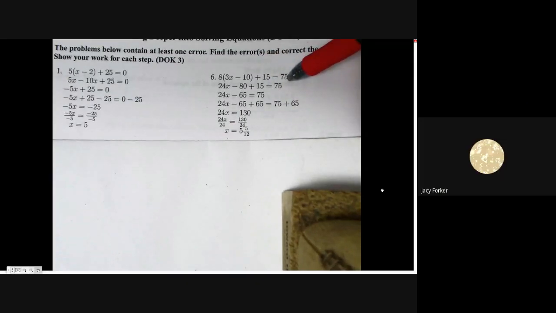What was the question again? Did they do it right going from line 1 to line 2, the distributive property? Yes, sir. I think you're right. So 8 times 3 is 24. I got that right. 8 times negative 10, be careful here, gives you negative 80. Brought down the 15, brought down the 75.